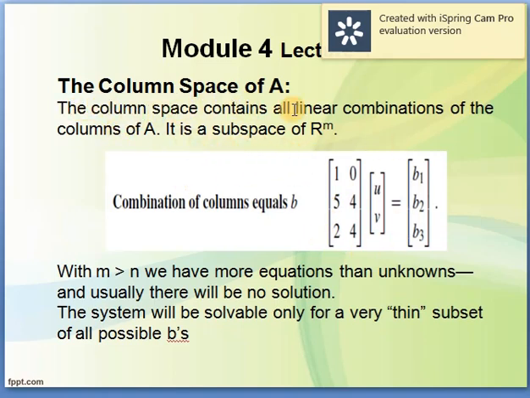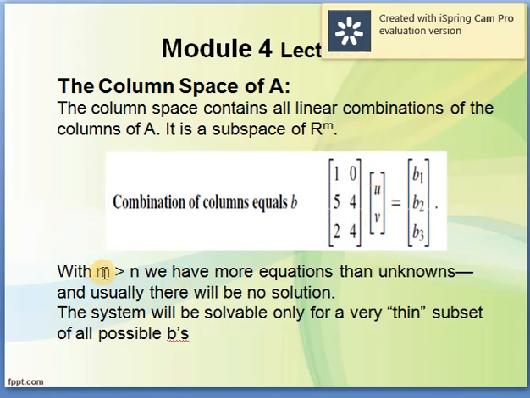The column space contains all linear combinations of the columns of A, and it is a subspace of R^m. Here m by n is the order of the matrix, and we have u and v.